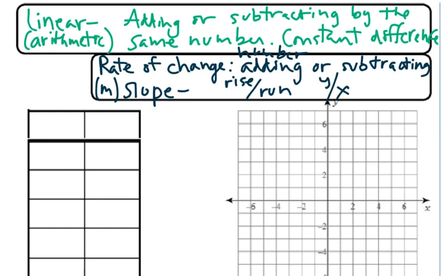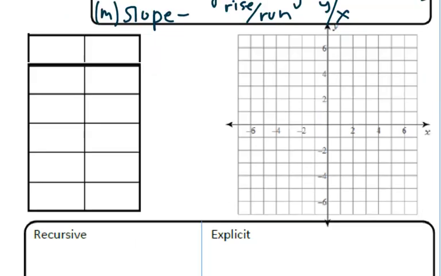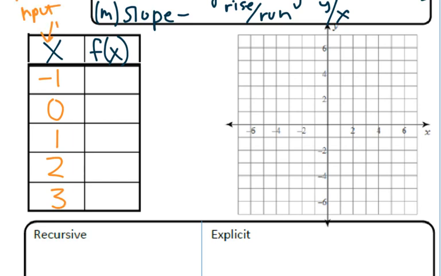So when we look at a linear function, what does it look like in the table? Well, we've got our input and our output. Remember, this left side, this input, is our interval. We need equal intervals for this to work. Here we're adding 1 each time.